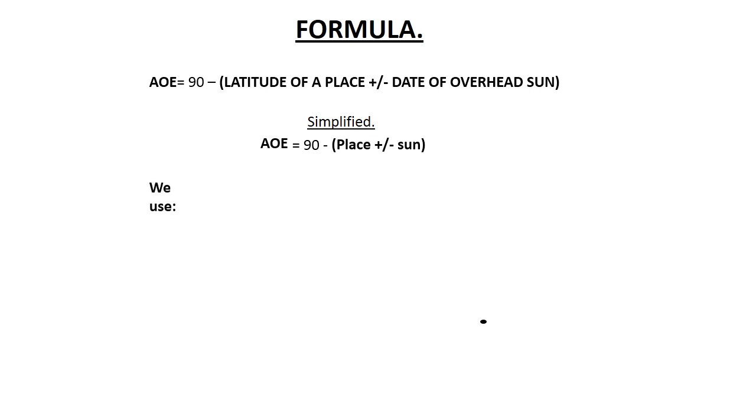Since we are saying plus or minus, we use negative if the places are in the same hemisphere where the sun is overhead. For example, if it's on 21st December and the sun is in the southern hemisphere and they are asking you to find the angle of elevation in a place in the southern hemisphere, we are going to use negative.